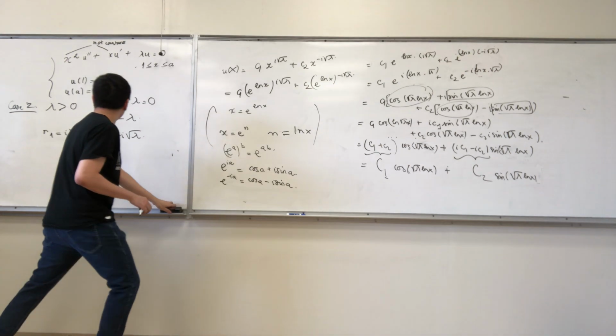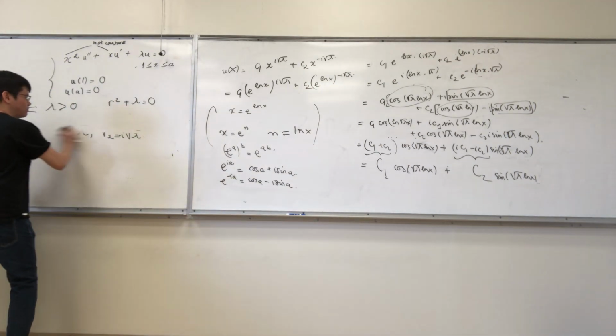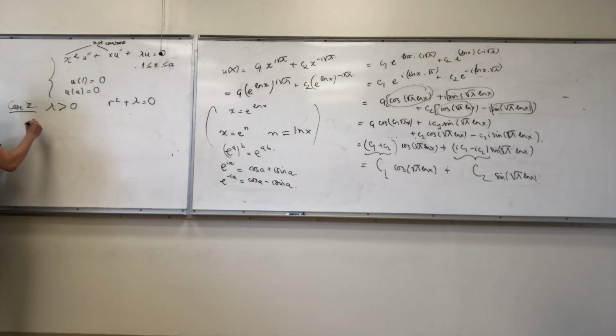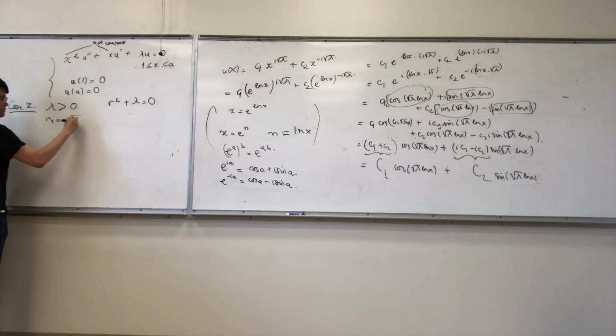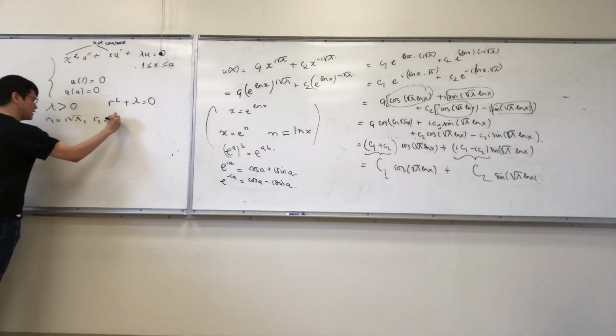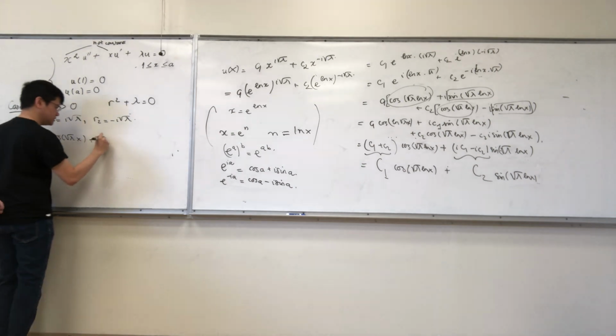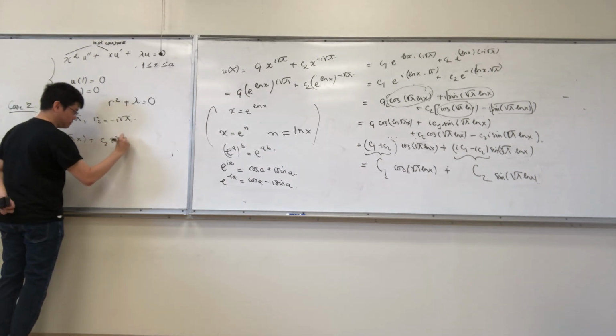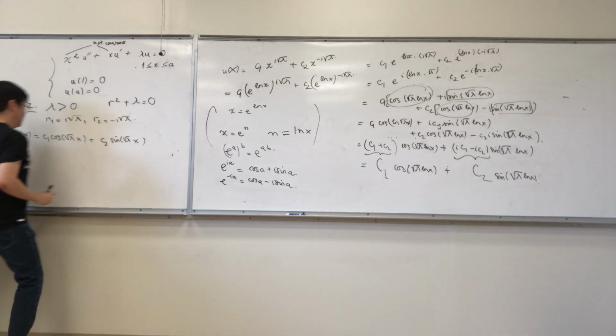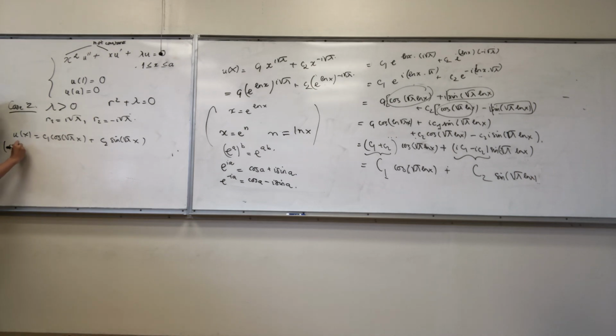So in the constant coefficient case, when you have this, you have R1 is I square root of lambda, R2 is minus I square root of lambda. You go directly to the case that u(x) is C1 cosinus of square root of lambda x plus C2 sinus of square root of lambda x. So this is constant coefficient case.